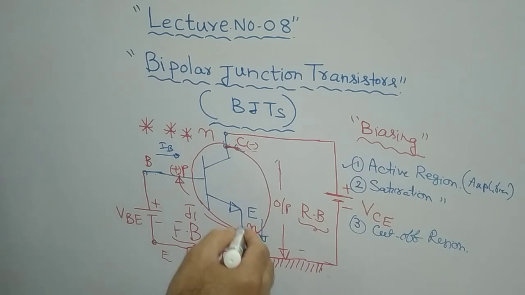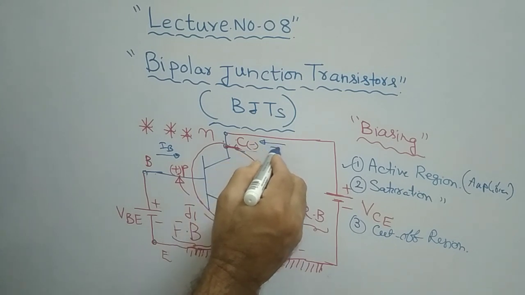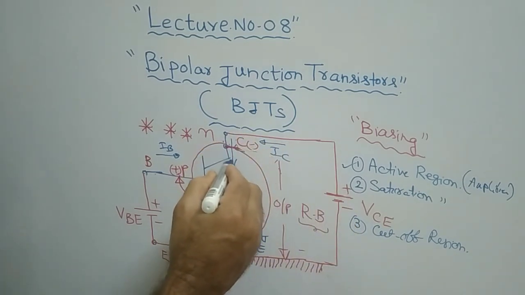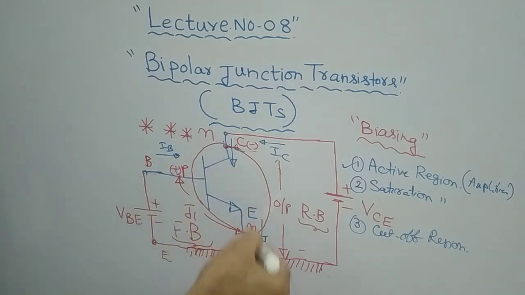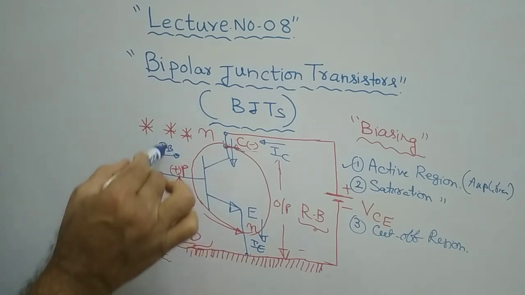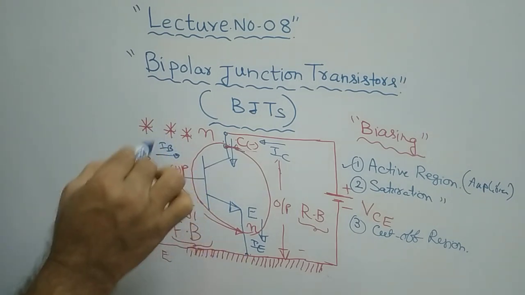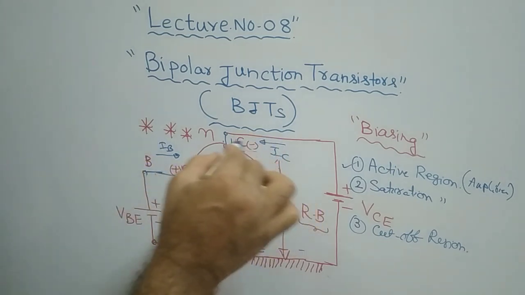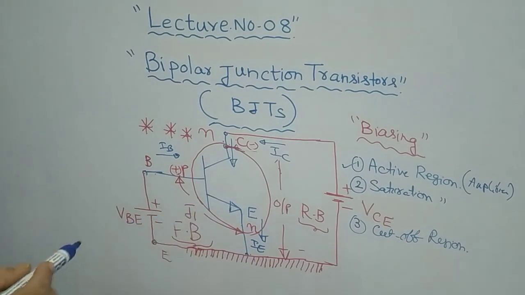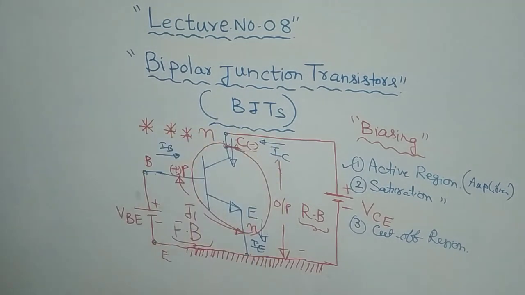The base current flows like this, the emitter current like this, and the collector current IC like this. So IB is the input current, and the collector is taken as output, so the collector current is the output current.